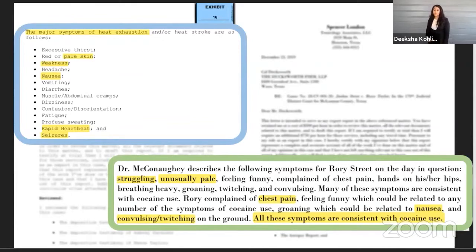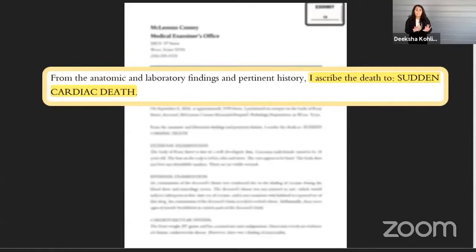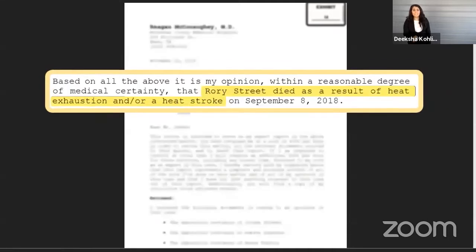So the only other element we had to prove was causation. Exhibit 14. The autopsy says that Rory died from cardiac arrest. Exhibit 16. Dr. McConaughey says that Rory's cardiac arrest was caused by heat stroke.